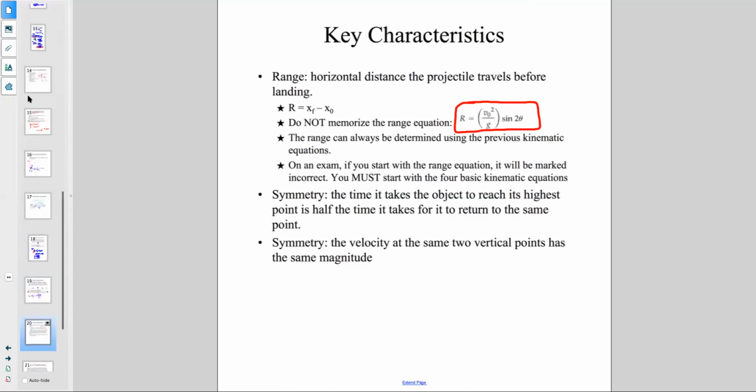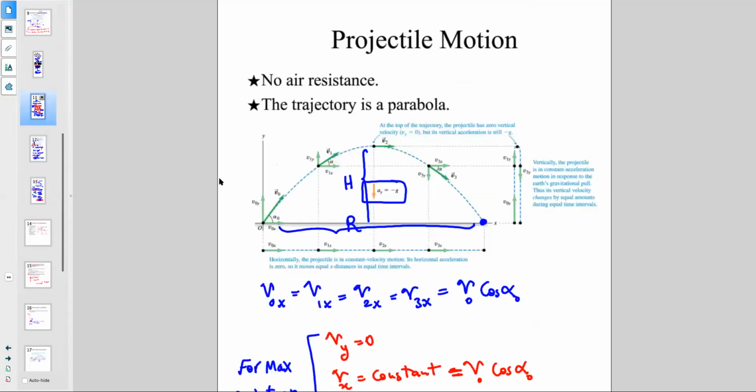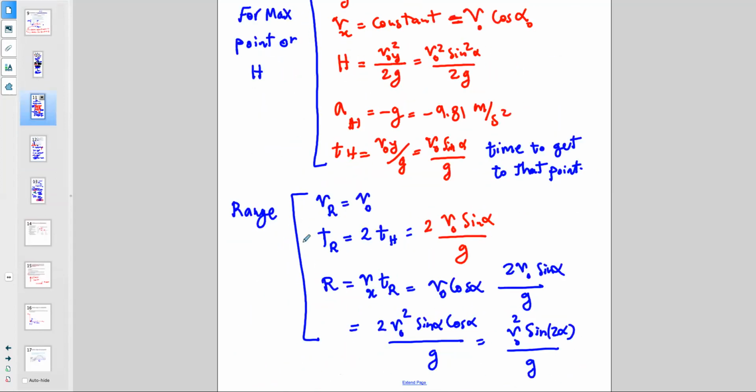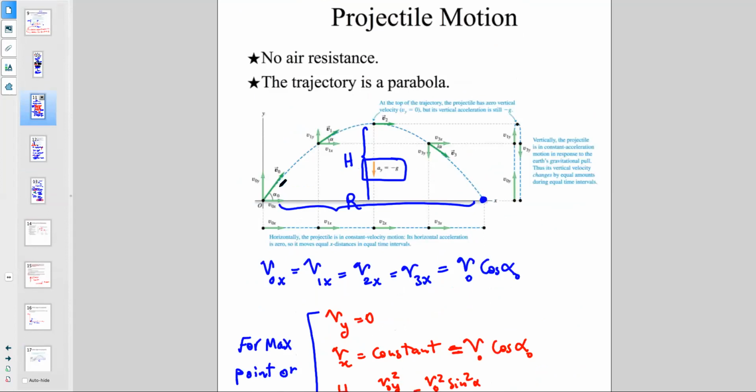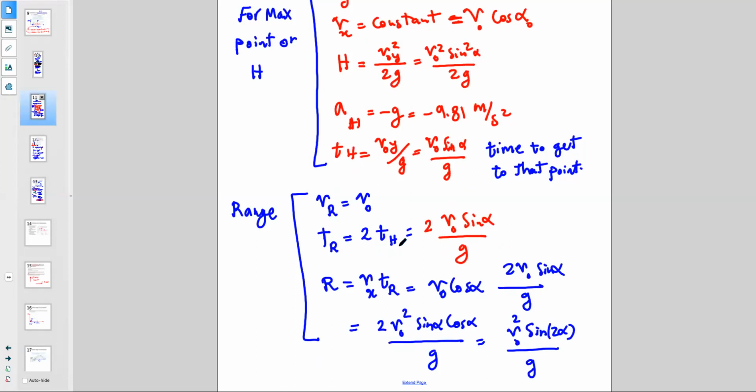Take a look at what I did here for the range. I said the velocity along the x direction will be just the initial velocity, it is the same. And the time to get to that range is double the time to get to the maximum point.